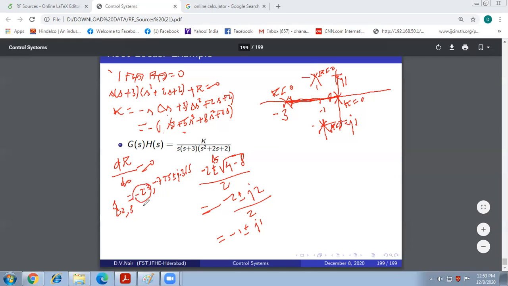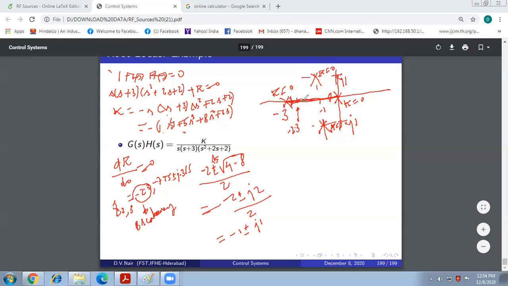So we label this as our breakaway point, at which the root locus branches will for one last time meet on the real axis, and for further increase in gain k will depart from the real axis. So let us say somewhere here is minus 2.3.